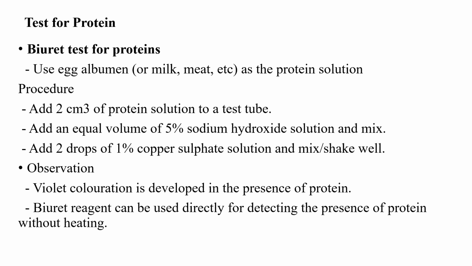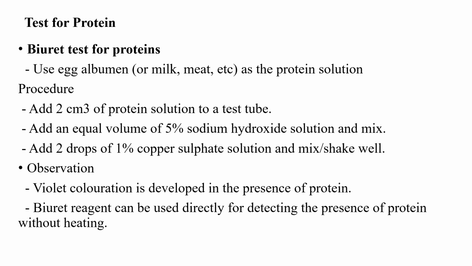You make a solution of it. If you are using egg albumin, you remove it carefully in such a way that the yolk will not be added. If it is meat or fish, you grind it into powder and prepare a solution of this. Now add 2 centimeter cube of this protein solution that you have prepared.